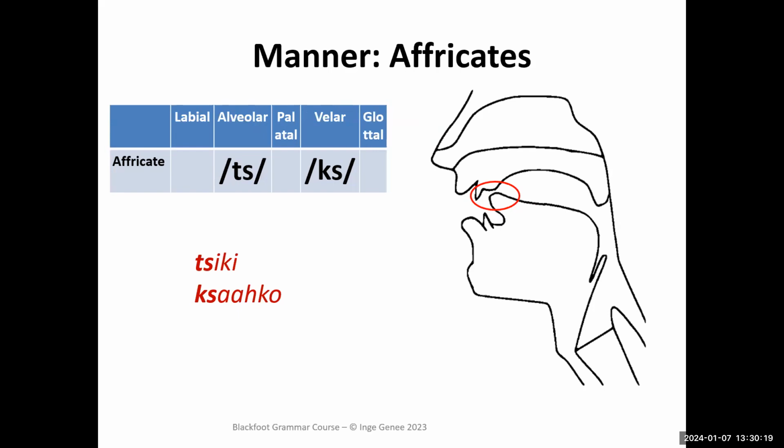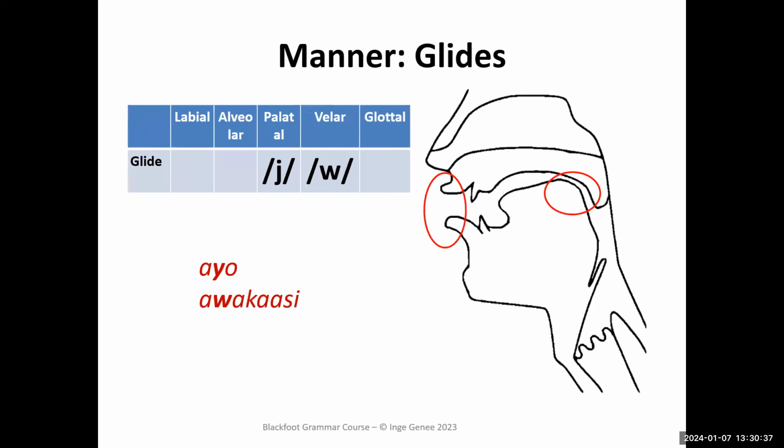Affricates are sounds that are basically a combination of a plosive followed by a fricative, like t in tiki and x in xarco. The picture shows the S part of the TS sound. And finally, glides or approximants are sounds made with a quite open mouth, almost but not quite like a vowel.